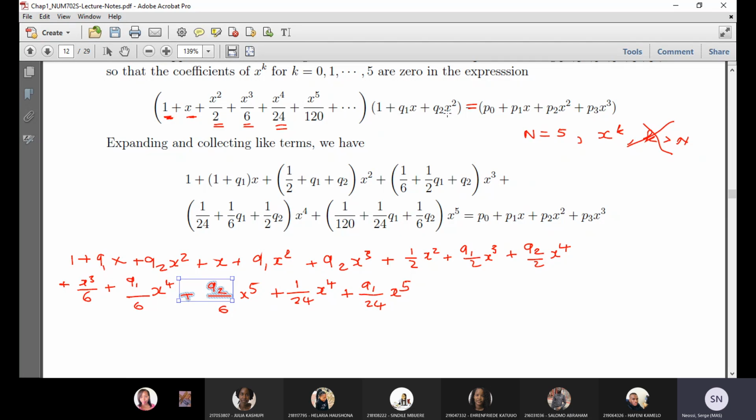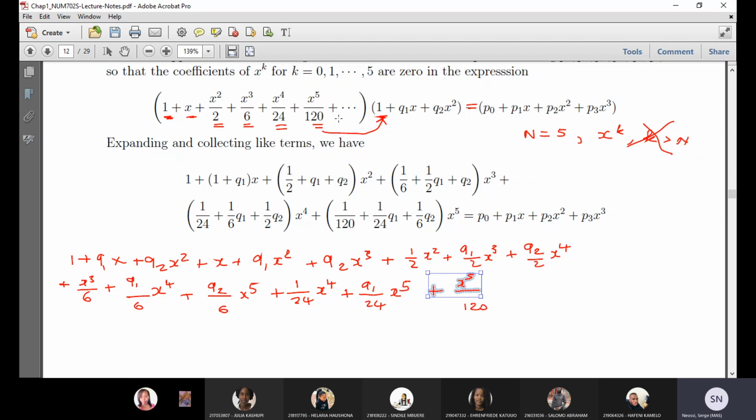It will exceed, so I drop that term. Now the last one will be this one. I will take this and multiply by this only, because if I take this and multiply by q1, it will exceed 5. It will be x to the 6. So for this last term, I will only multiply by 1. So plus x to the 5 by 120.